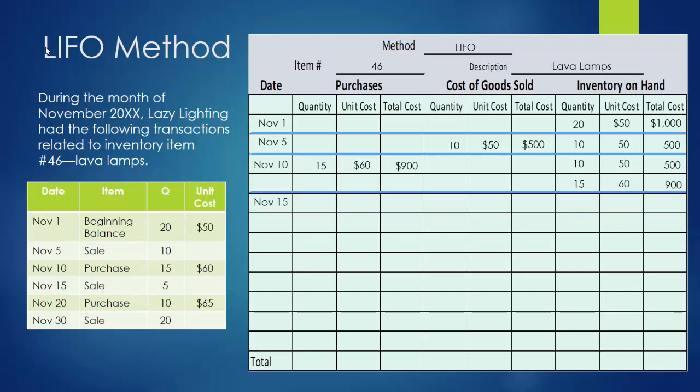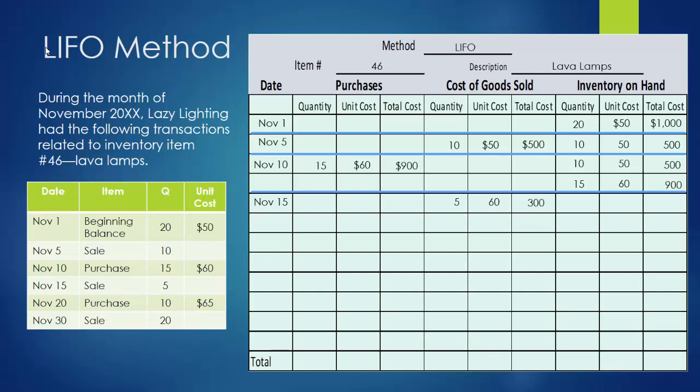On November 15th, we're going to make a sale of 5 lava lamps. How much are they going to cost us? This is LIFO, so we assume that we're selling the last purchased inventory first. Well, what is the newest inventory that we have for lava lamps? It's the 15 $60 lava lamps that we just purchased on November 10th. So our unit cost under the LIFO method will be $60 on the sale, which means we're going to record cost of goods sold of $300.